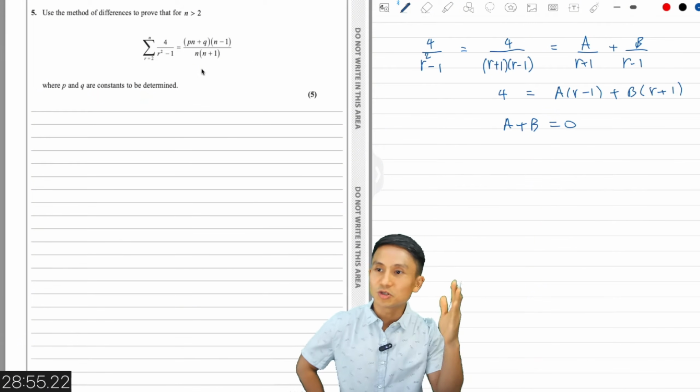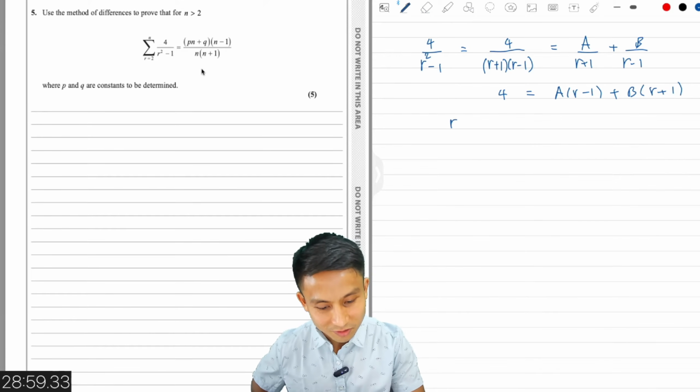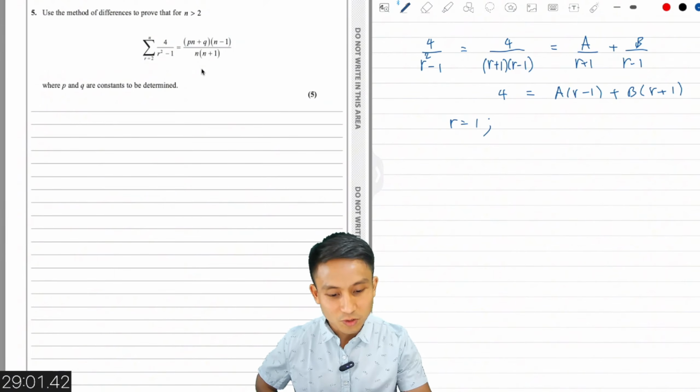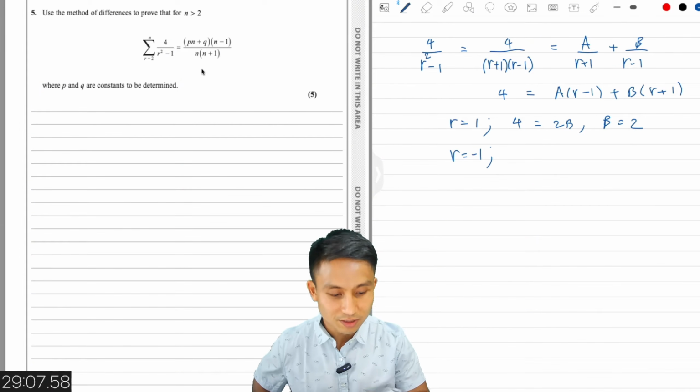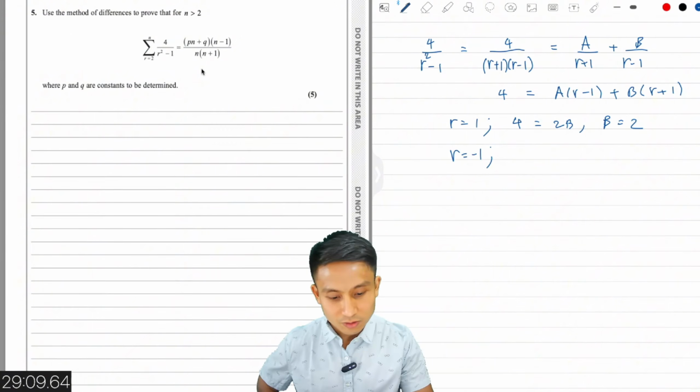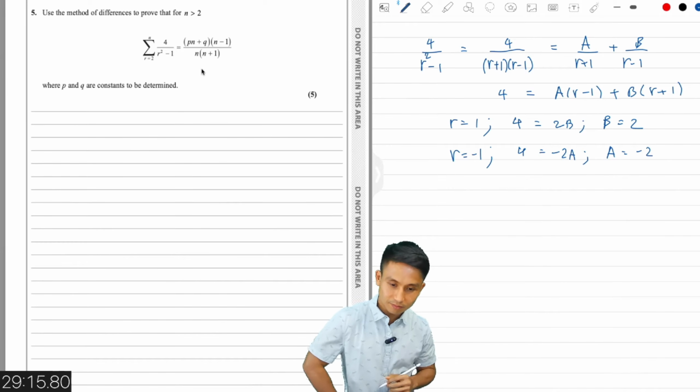Or you can do substitution with the critical value. Okay, that also works, but I just try a different thing. Okay, so r equals 1, we get 4 equals 2b, so b equals 2. If r equals minus 1, because these are critical values, so 4 equals minus 2a, so a is minus 2, just like that.